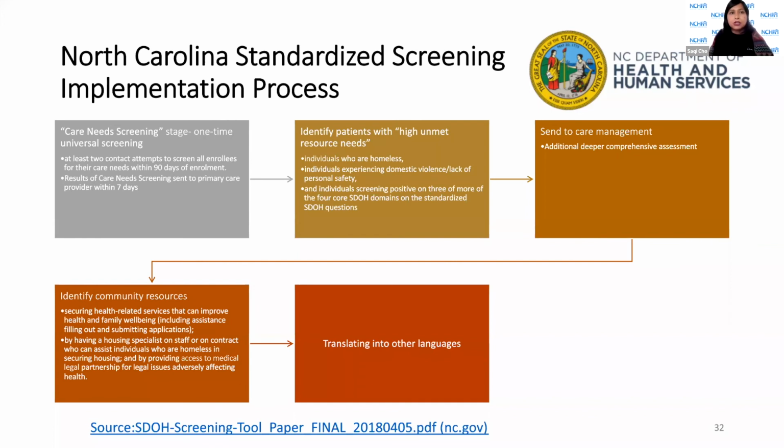Partnering with an organization who's already developed services and programs that address the social needs of your patients can be a great way to get your patients' social needs met, but also lessen the resource burden on your healthcare organization. And in many cases, there's really no point in reinventing the wheel. Another key piece here is ensuring that the screening tool is translated into other languages, and that depends on your patient population.